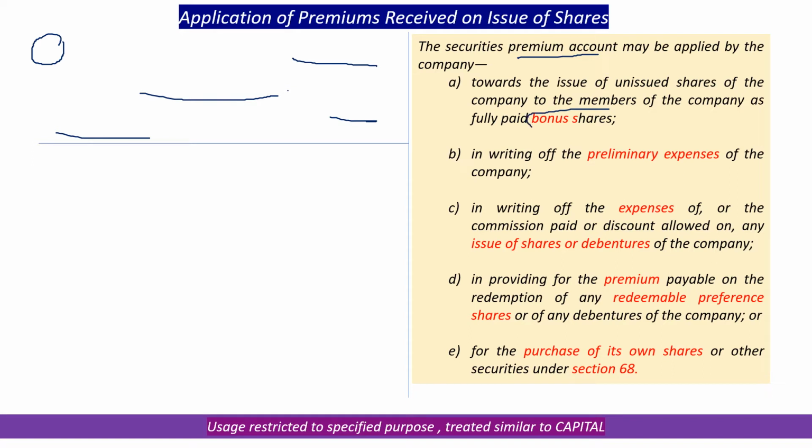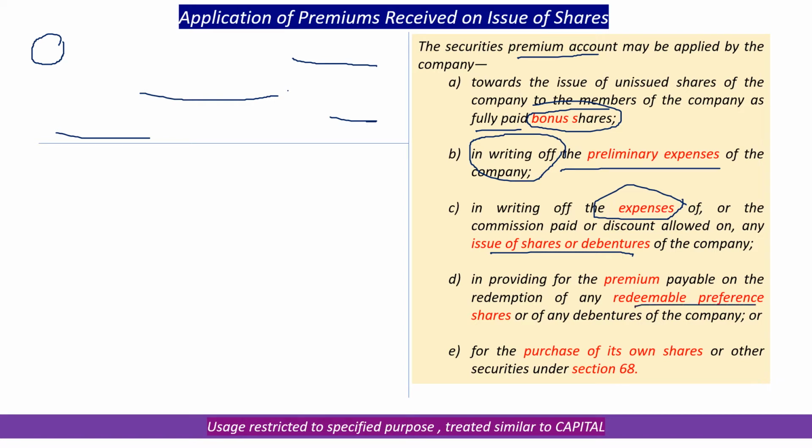You can use it for issuing fully paid bonus shares. If you have preliminary expenses carried forward in your balance sheet, you can use it to write off and set off one against the other. If there are expenses incurred in issuing shares and debentures, those expenses can be set off against the share premium account.